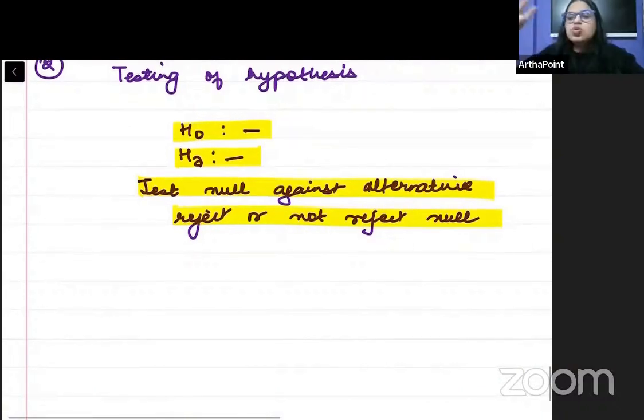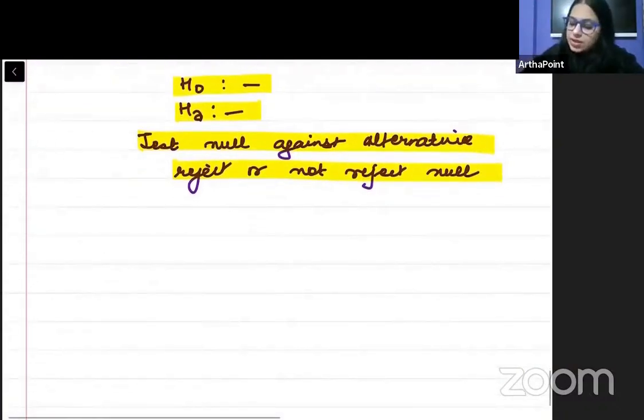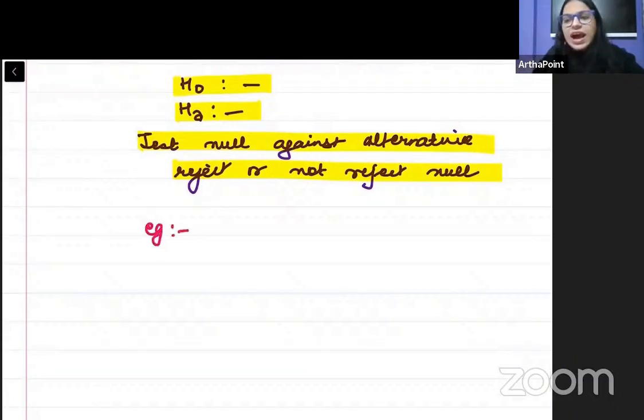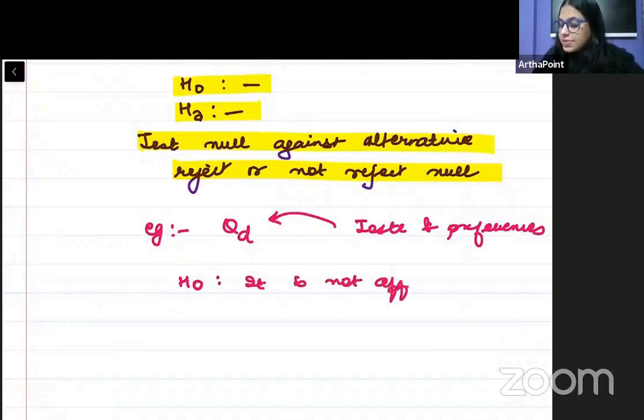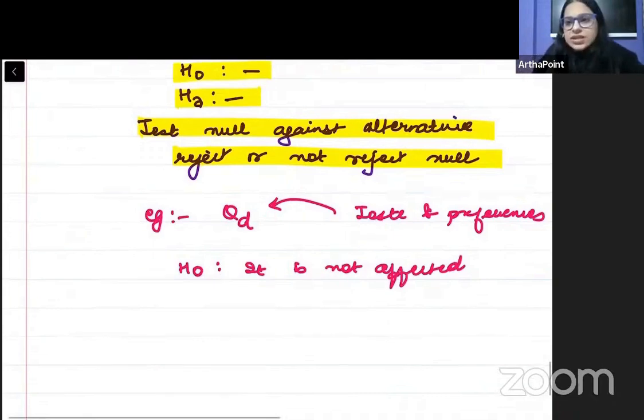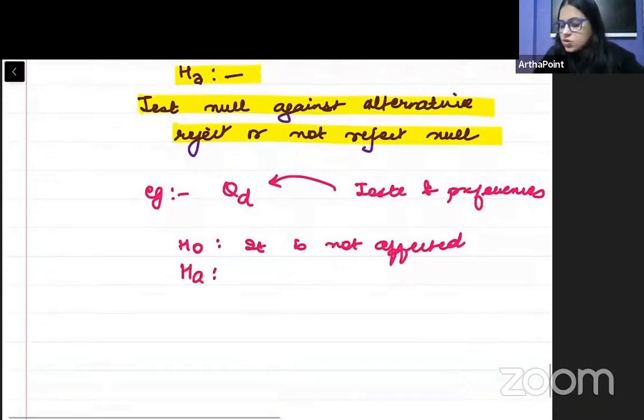Now think a little. Listen to me very carefully. Suppose I tell you that I want to test whether quantity demanded is affected by taste and preferences or not. So I will set up a null hypothesis: it is not affected. How will we do this? Again, we will learn over the semester. But for now I will set a null: it is not affected. I will set alternative: it is affected.